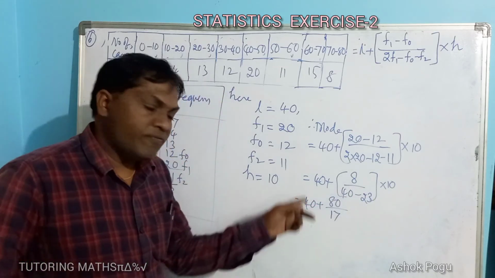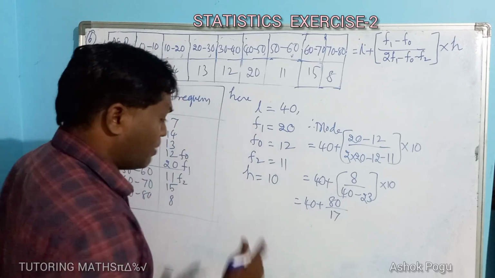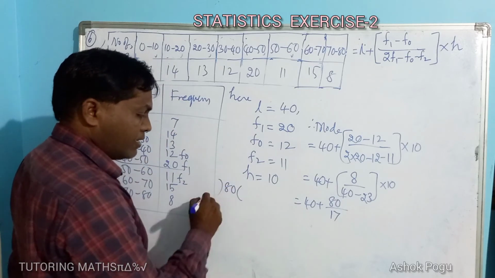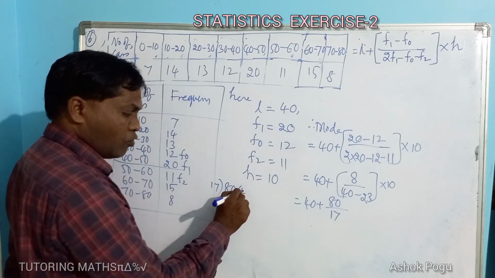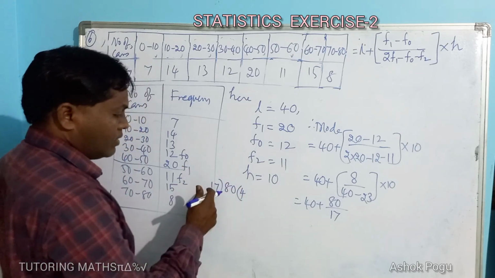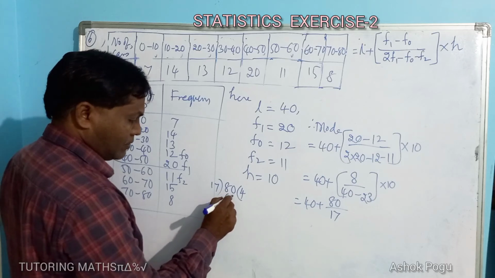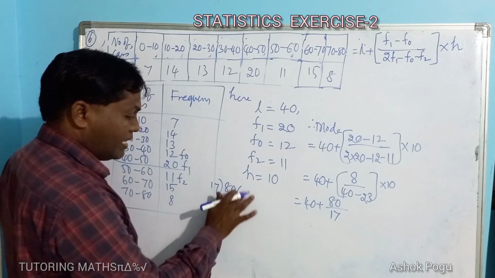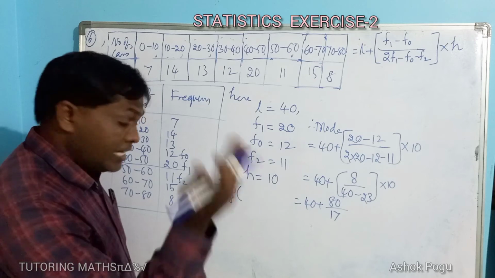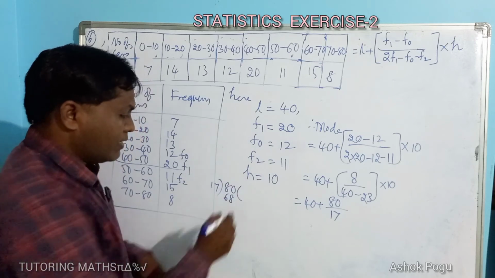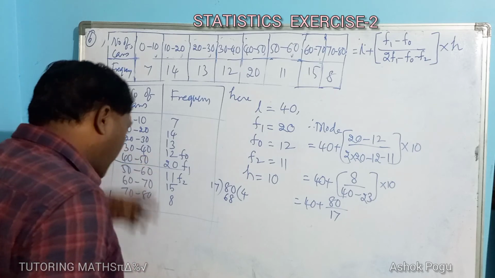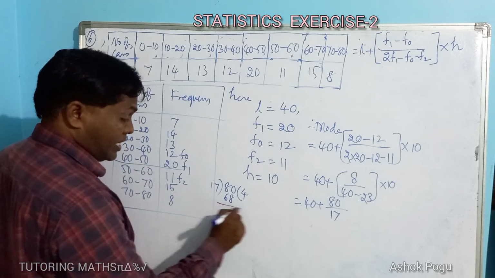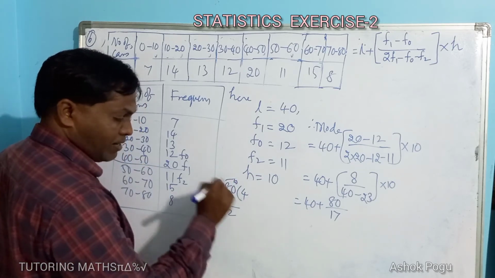Now once again it is a fractional form, so convert into decimal form. 80 should be divided by 17 table. You know that 17 fours are how much? That is 68. 17 fives are 85, so it is better to go with 4. 17 fours are 68, so you get 12.